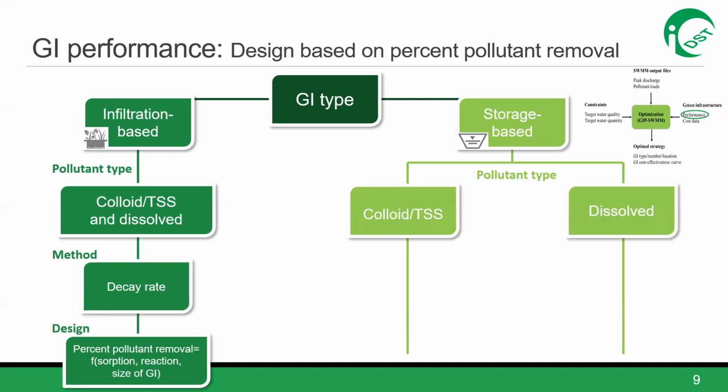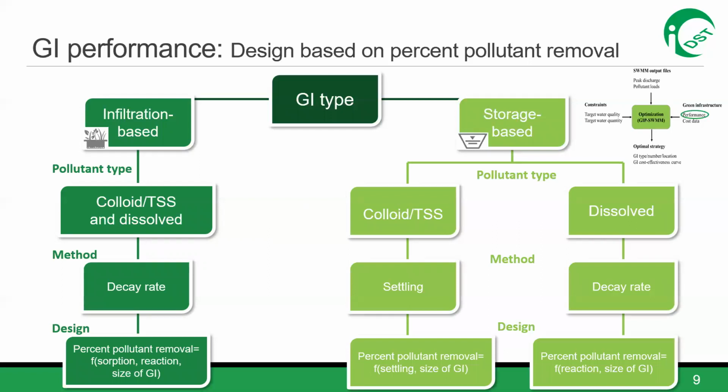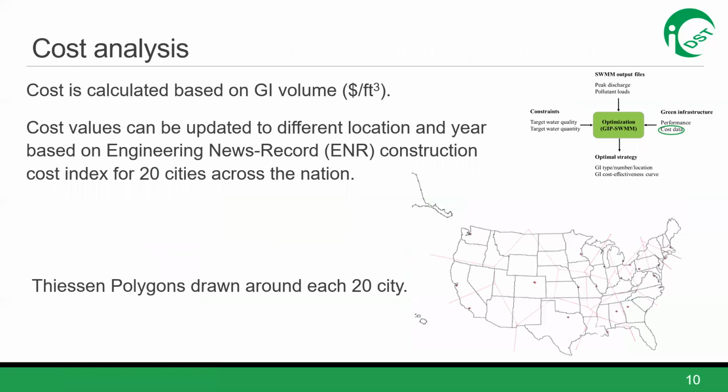For the storage-based, we group based on the pollutant type: colloid pollutant and dissolved pollutant. For colloid, we use the settling approach, and for the dissolved, we again use the decay rate, and at the end we calculate the design and size of the GI. The last module is the cost module, where the cost is calculated based on the GI value.